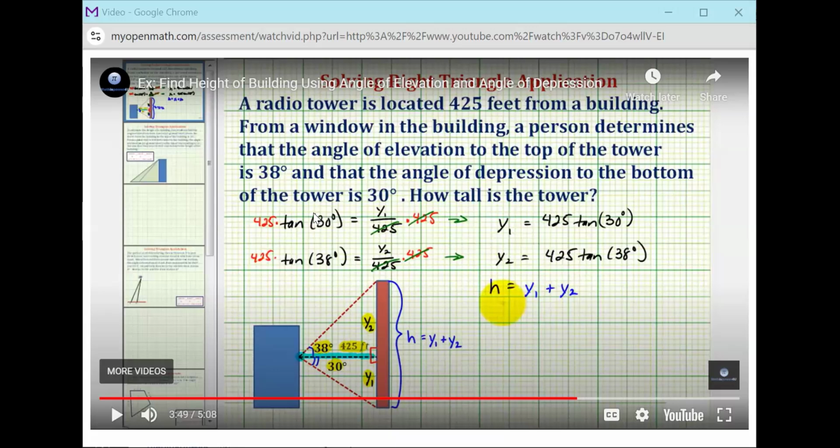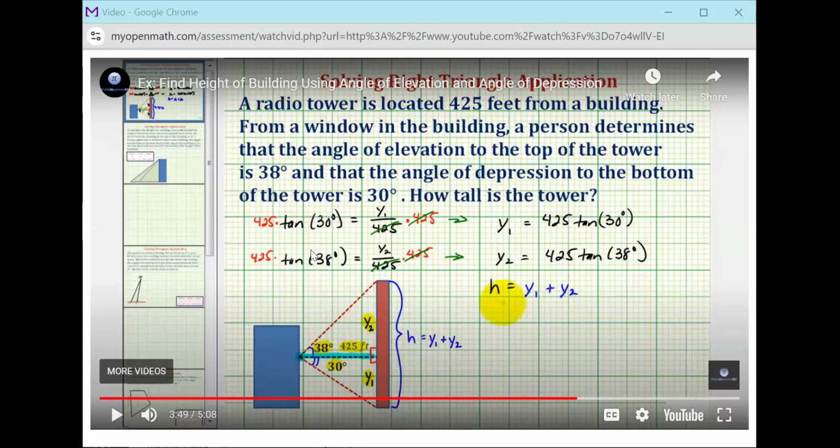So we are finding the height of the tower here again. In this one, the first thing they're marking is the building right here, the height of the building, and then they're marking the window in the building right here. So from the window, they are looking, and the elevation to the top of the tower is 38 degrees, and the depression to the bottom of the tower is 30 degrees this way.